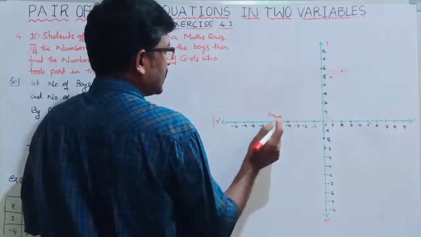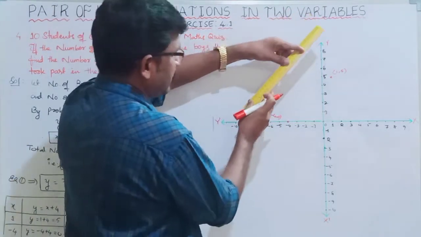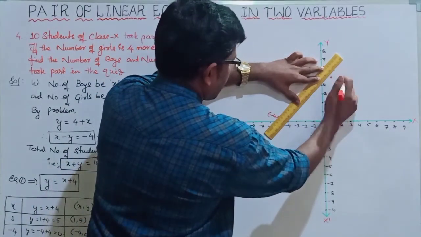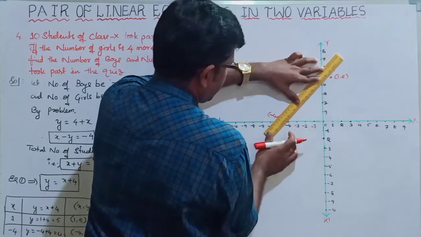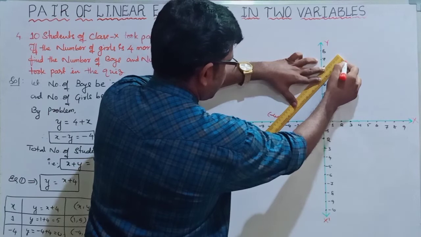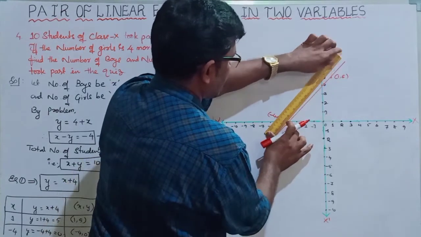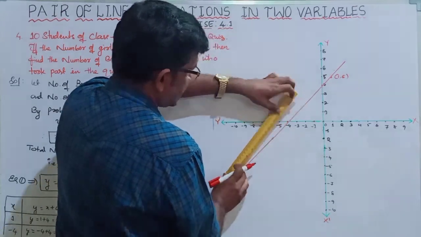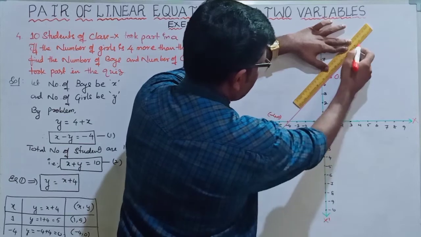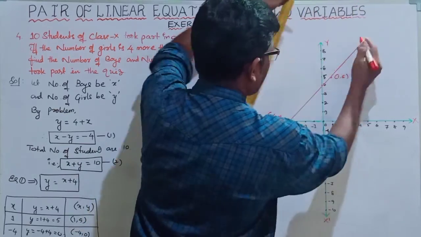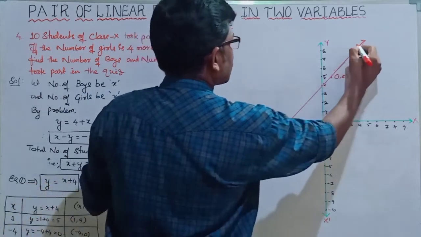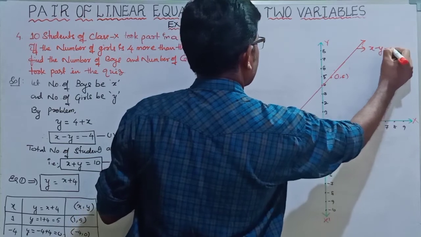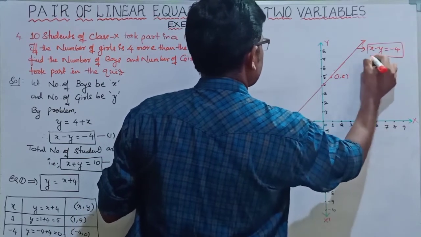Draw a straight line through these 2 points, extended on both sides. This line represents x minus y equals minus 4.